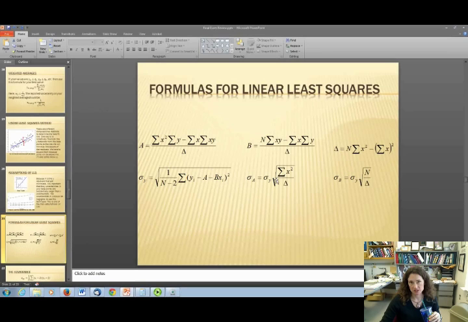And that's just because you need to determine 2 fit constants. Okay? It's also important to understand that as you fit a line, if it's not a linear line, so if it goes up to a quadratic, a plus bx plus cx squared, well, then you'd need at least 3 data points, and so on and so forth. So the more parameters that you have to fit, the more data points you need.